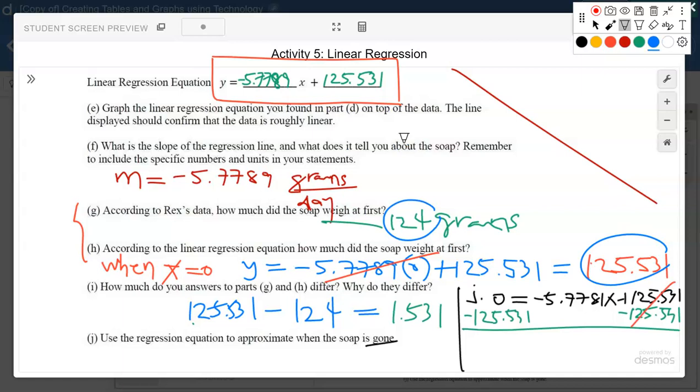you will have here 0 minus that is negative 125.531 equals negative 5.7781 x, and then just divide both sides by negative 5.7781.